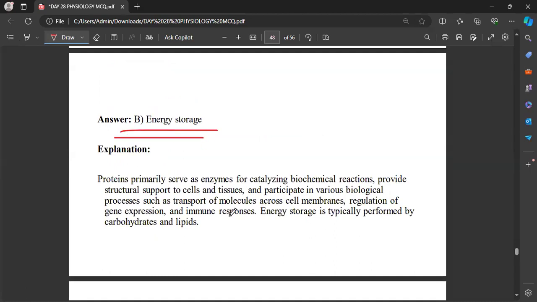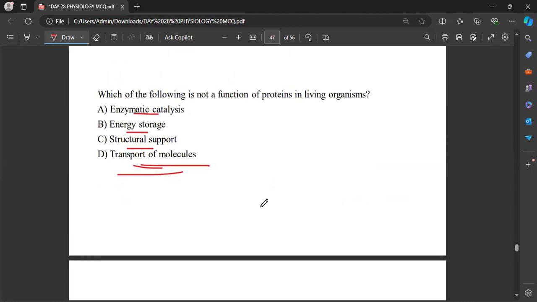That will be energy storage. See, transport of molecules, we have many transporters, to make the passage for all the ions, molecules, and all. So everything will be the protein. The only thing it does not do will be the energy storage. That will be related to carbohydrates and lipids, but not proteins. Okay.